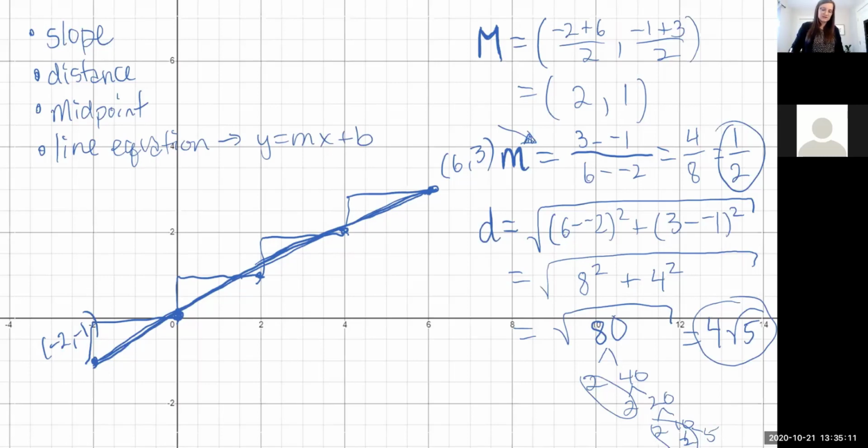And so if our slope is 1/2, we're going to have y equals half x, and our b is usually our y-intercept. In this case, it's 0. So we have a line equation. We also have our midpoint. We have our slope. We have our distance between these 2 points. So that's quite a bit. We've got a lot of information about just these 2 points.